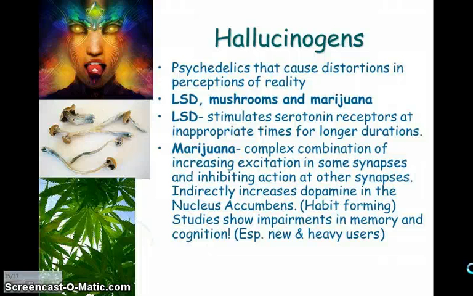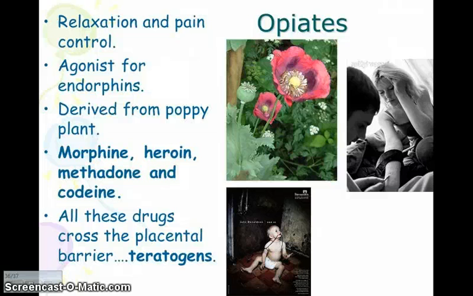A lot of studies show that marijuana is correlated with impairment in memory and in cognition. They have found this to be especially true with new users and with users who depend on marijuana and use it a lot. So, those are some risky things that result from marijuana.